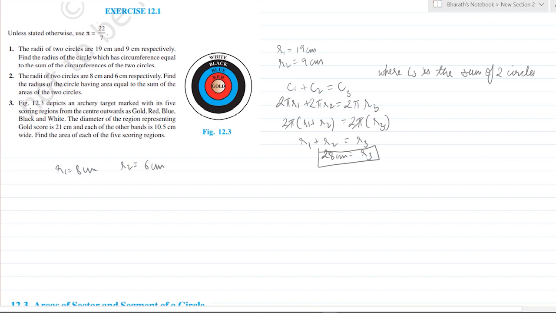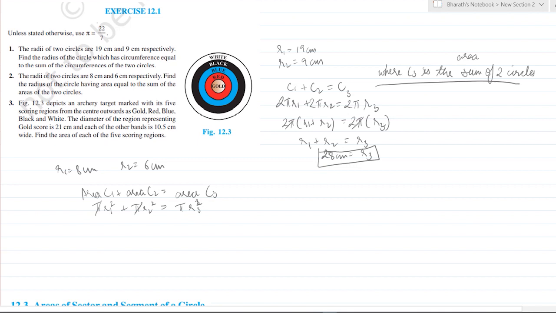So area of circle 1 plus area of circle 2 is equal to area of circle 3. Same, now C is the area instead of the sum of area.